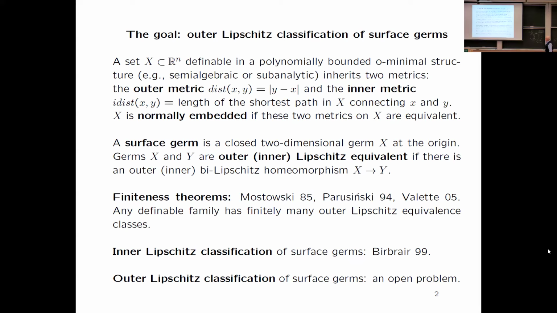And there is an important notion of things being normally embedded. A set is normally embedded if these two metrics are equivalent.